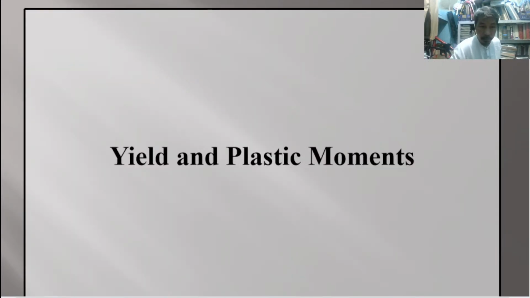Yield and plastic moment first. So let us separate the shear discussion. So first, for bending. So let's take a look at the bending side of things, wherein it will become a failure according to yield and plasticity.